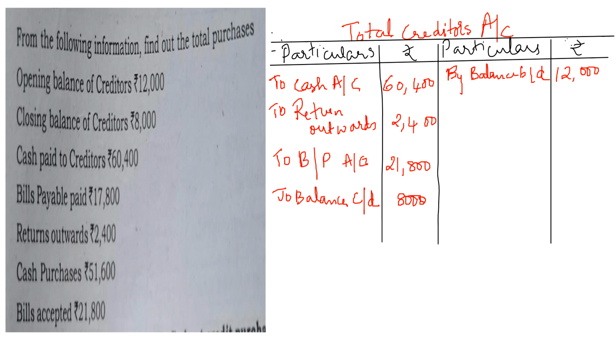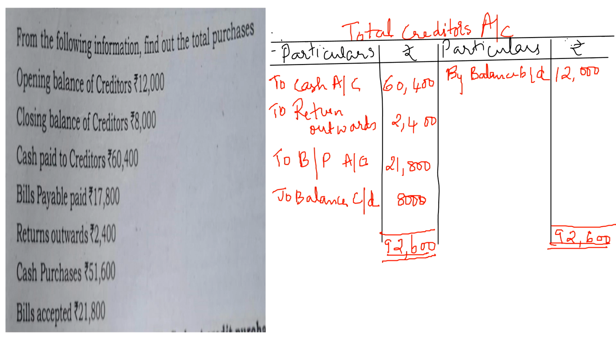Now let us do the total. So debit side is greater here. Okay, so you'll get a total of 92,600. So the same total has to be written in the credit side, 92,600.